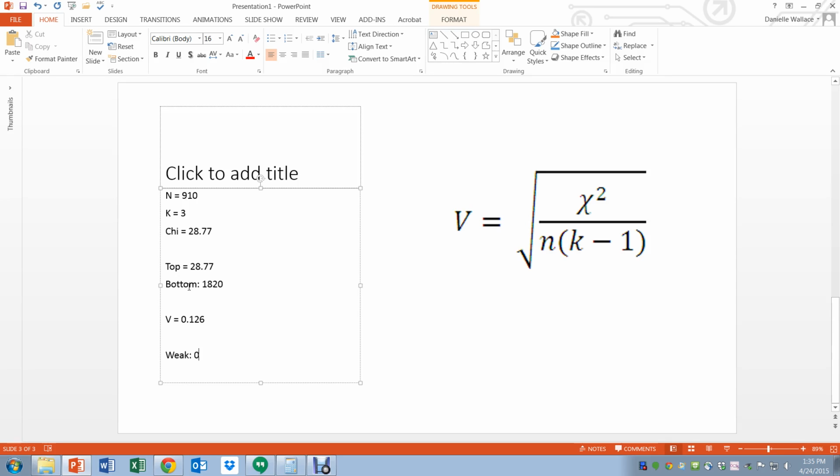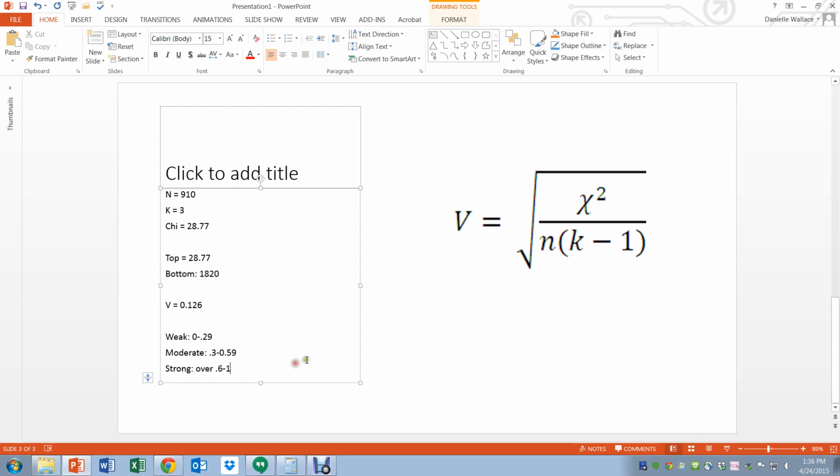Weak is 0 to 0.29, moderate is 0.3 to 0.59, and strong is over 0.6. Your measure of association should never be over 1. You can almost think of it like a correlation, only correlations can also be negative.